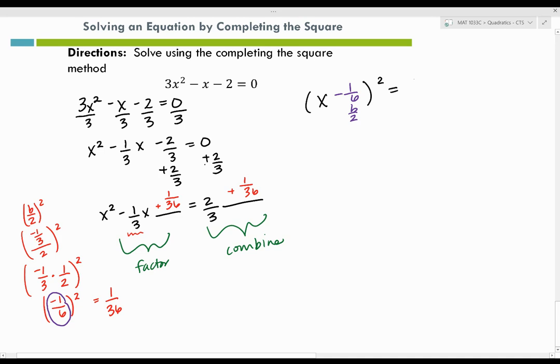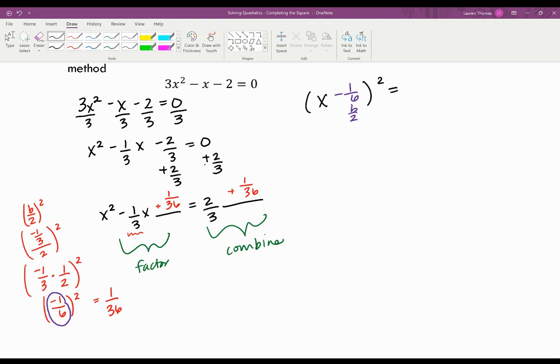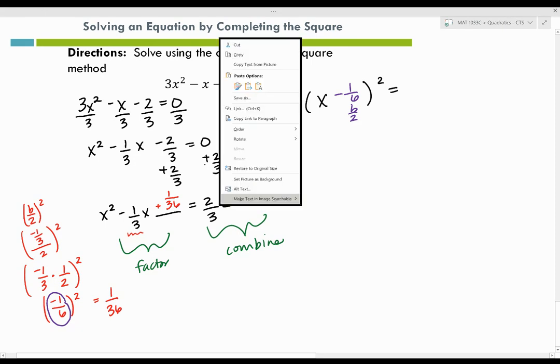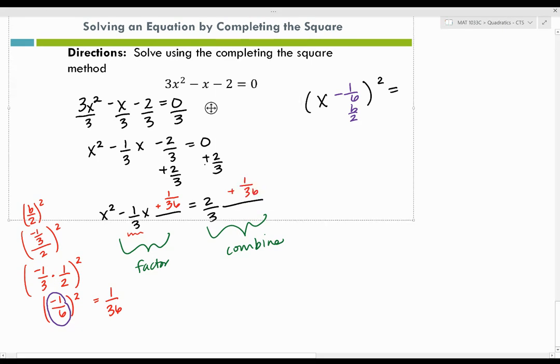Okay, squared equals, now we need to combine those numbers on the right-hand side. So in order to combine them, we're going to need a common denominator. So I'm going to multiply 2 thirds by 12 over 12. Okay, so that's going to give me 24 over 36 plus 1 over 36.